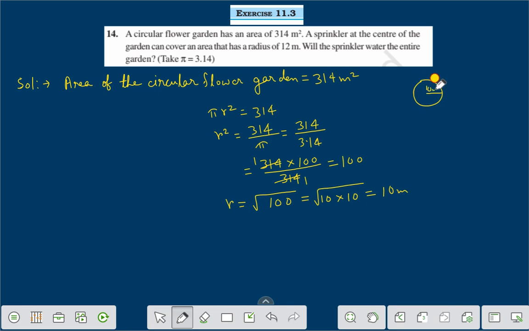Right? Now, a sprinkler at the center of the garden can cover an area that has a radius of 12 meter. So this is the circle, and the sprinkler is at the center, and the radius of this circle is 12 meter.